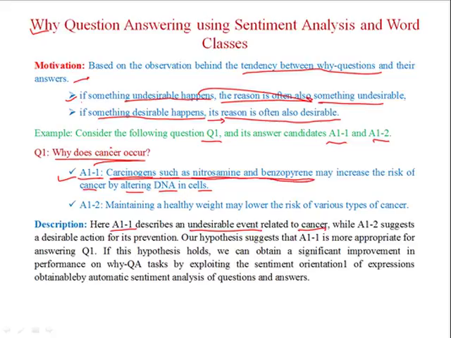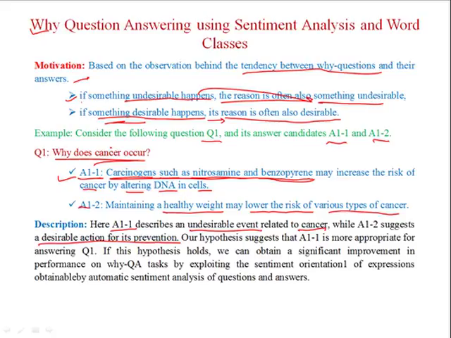Now the second: if something desirable happens, then the reason is often desirable. So the second answer: maintaining a healthy weight may lower the risk of various types of cancer. A2 suggests a desirable action for this prevention.